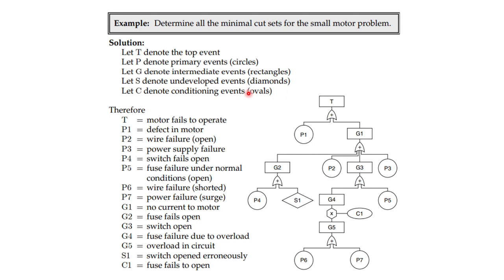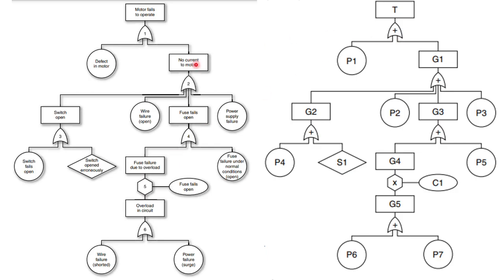Therefore, T equals motor fails to operate, P1, P2, and so on. You can see it here. We have substituted the relative acronym for it: P1, G1. P1 is equivalent to defect in motor, G1 is equivalent to no current to motor, and so on.